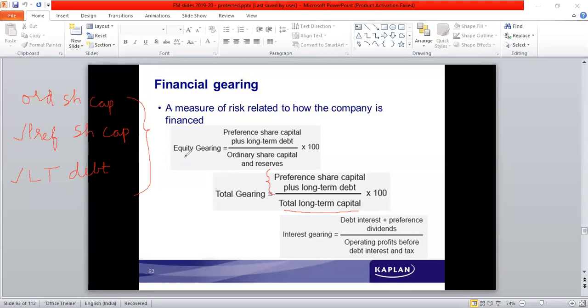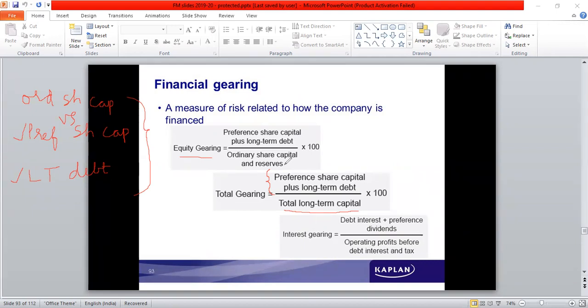Equity gearing is the proportion between these two versus the ordinary share capital. So we see what is the preference share capital plus the long term debt versus what is the ordinary share capital and reserves. So there is a comparison between what is the fixed obligation and what is the capital where there is no fixed obligation.